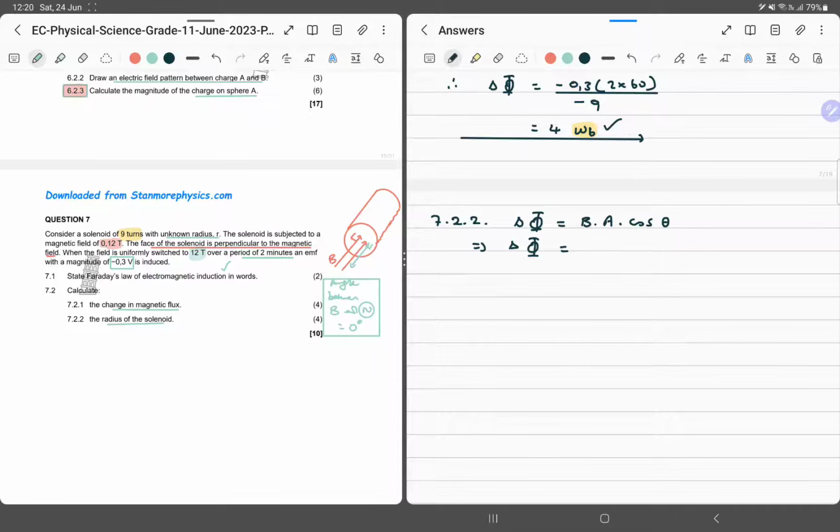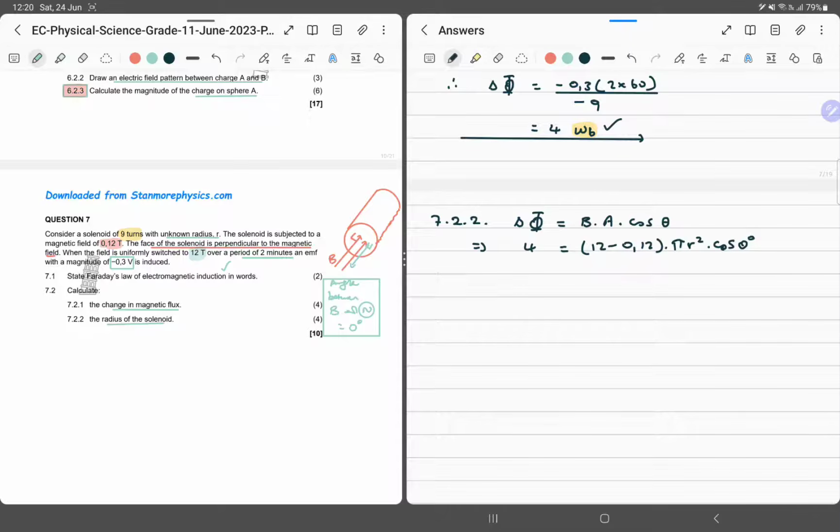So basically we can simply say, we got 4 here. So this is 12 minus the initial, which is 0.12. The area is going to be pi r squared because it's circular, times cos. Now the angle we established is 0 degrees.